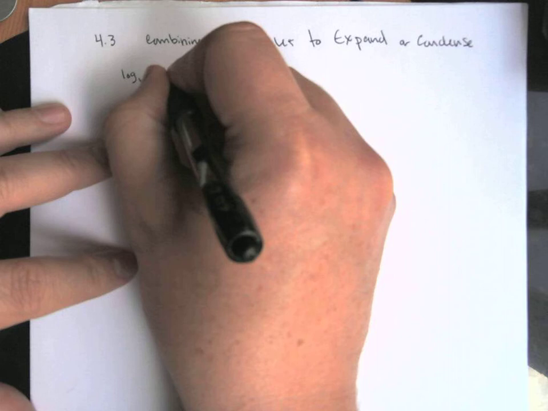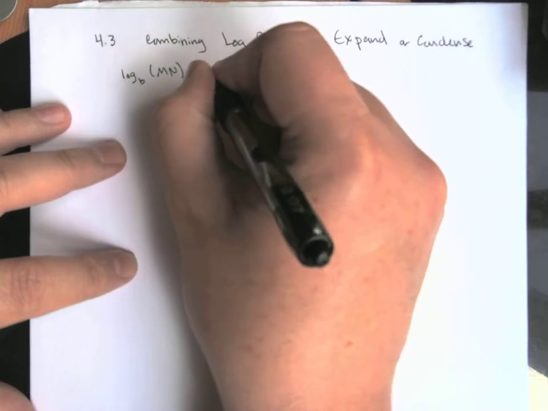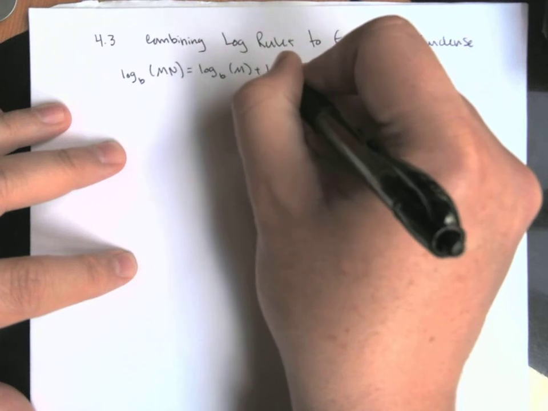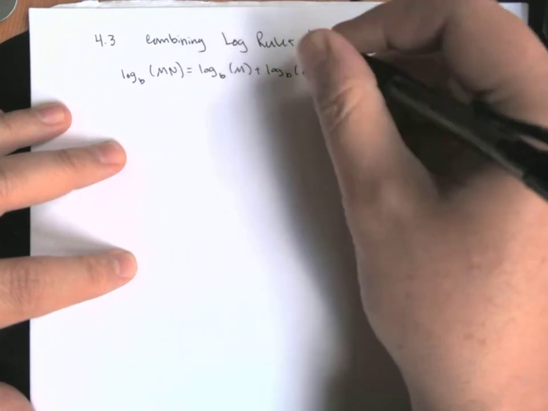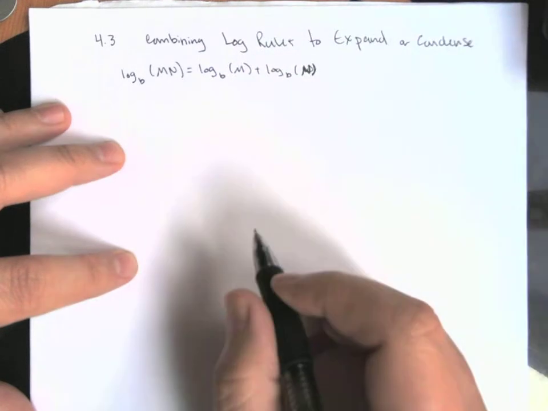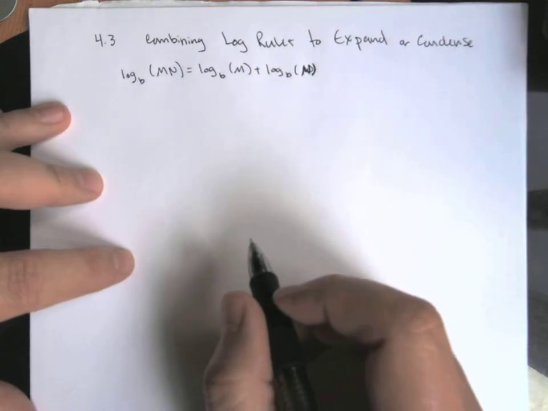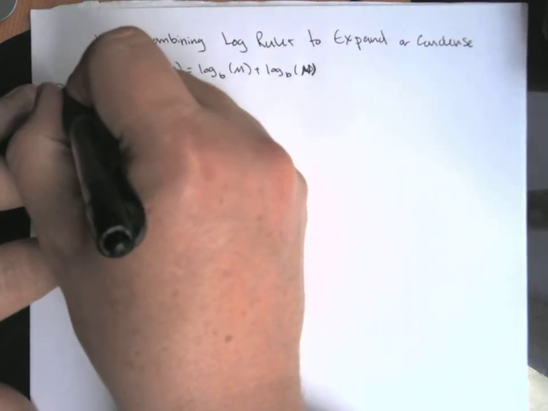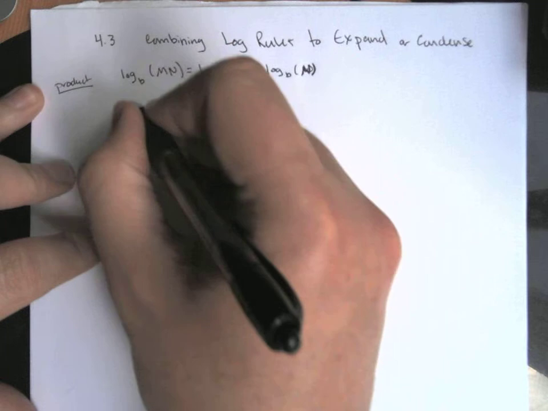So log base b of mn equals log base b of m plus log base b of n. This was our product rule.